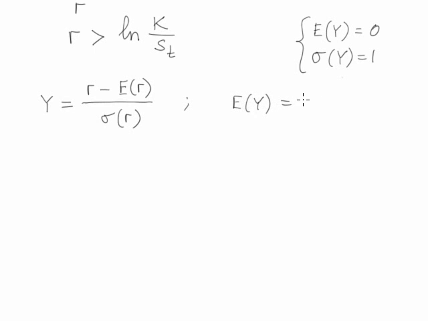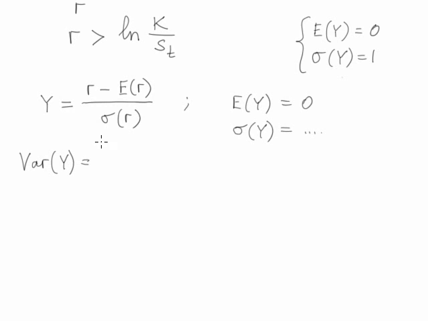It's clear that the expectation value of y is 0. Just take the expectation value of the right side. The standard deviation of y is also very easy, though it requires a little bit of work. Okay, let me show it. Let's take the variance of y.